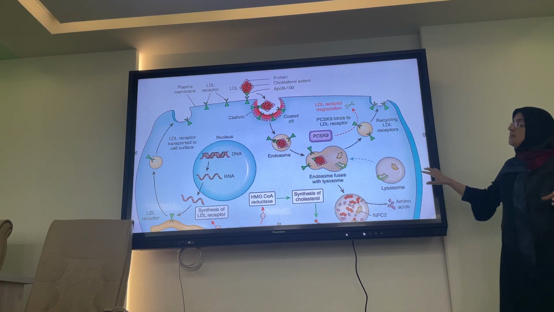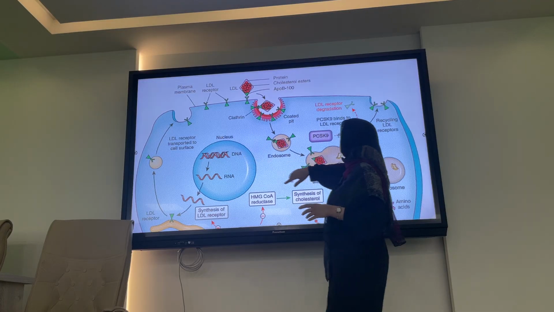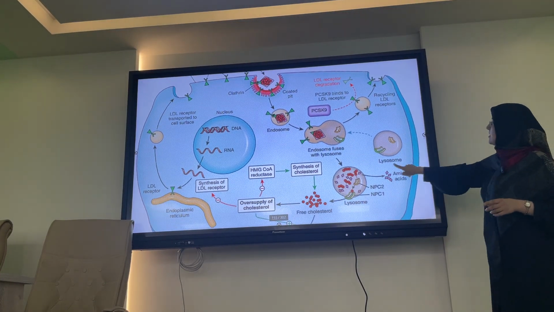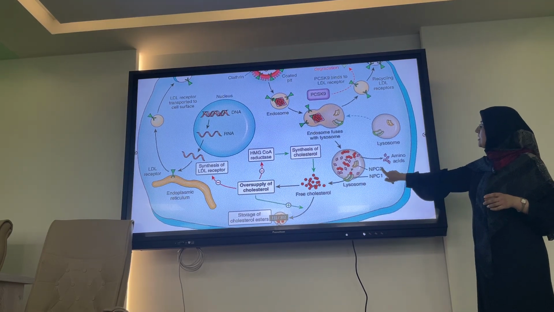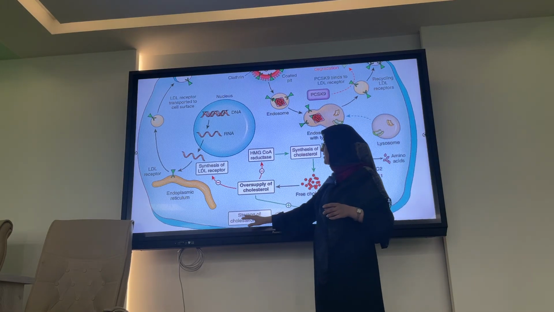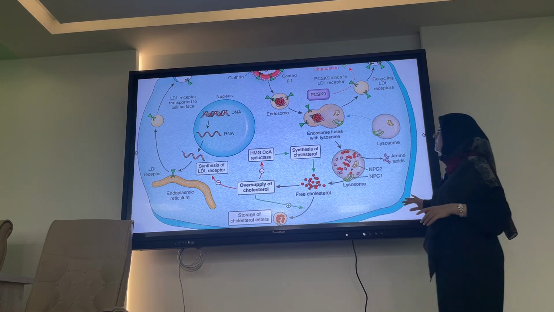This pathway: LDL receptor, clustering, endosome, lysosome, NPC1 and NPC2, free cholesterol, ester, and effect on HMG-CoA reductase.